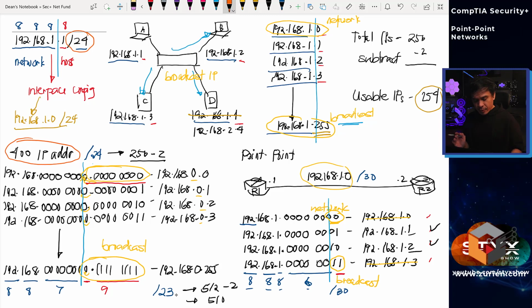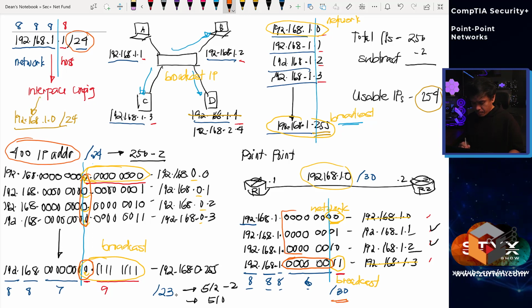What we did in our examples is borrowing. We borrowed from /24, borrowing 1 bit to the network side, making it /23. What we also did in our second example, the point-to-point network, is we borrowed from /24, borrowing 6 bits to the host side, making it /30.